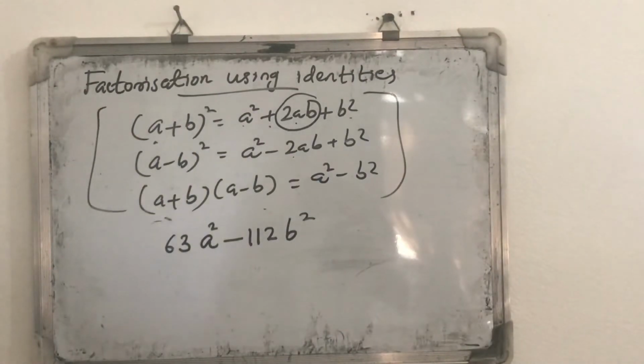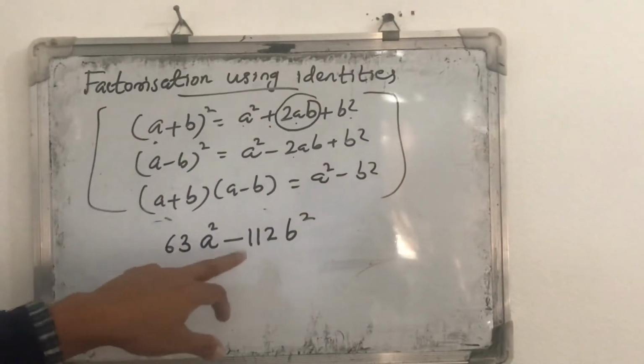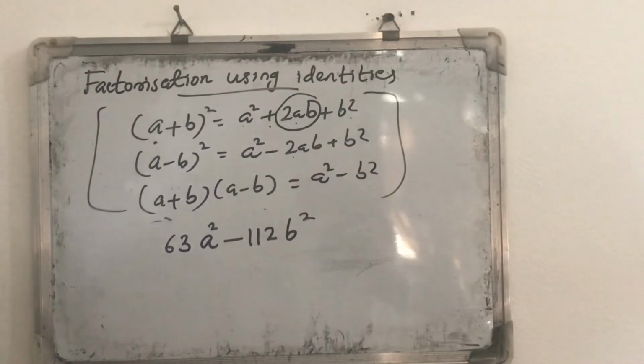Now look at this. Is it 63 and 112? They are not perfect squares. That we know. 63 is not a perfect square and 112 is also not a perfect square. But we can convert that into a perfect square form by taking one number outside. What is the common factor in 63 and 112?